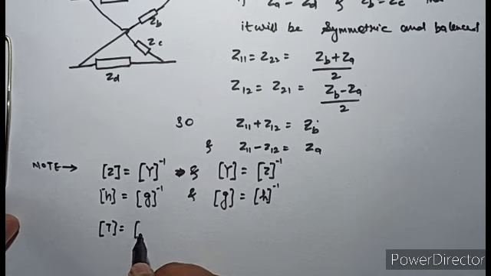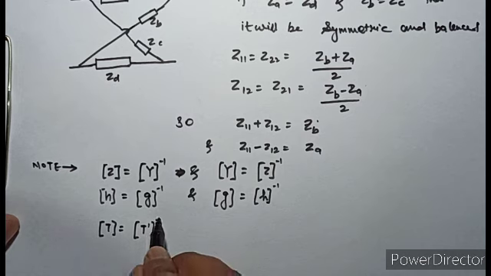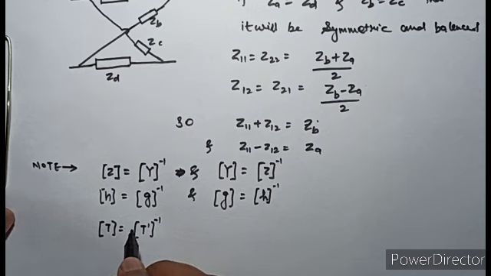But in case of T parameter, it cannot be found by taking the inverse of the T inverse parameter. This is the T inverse parameter or the inverse transmission parameter, and this whole part is the inverse of the inverse transmission parameter, and this will not be equal to the T parameter, right?